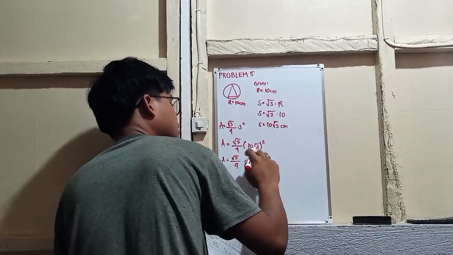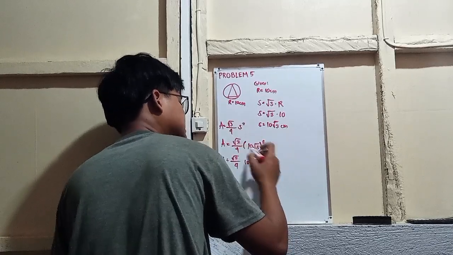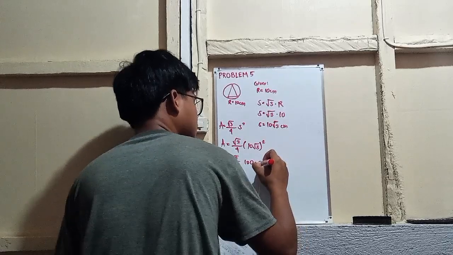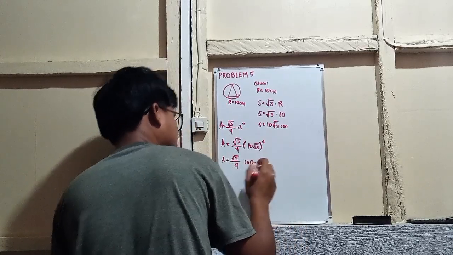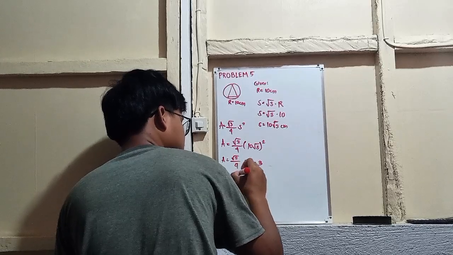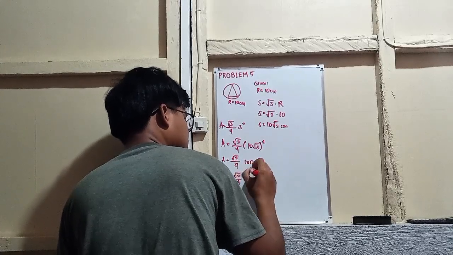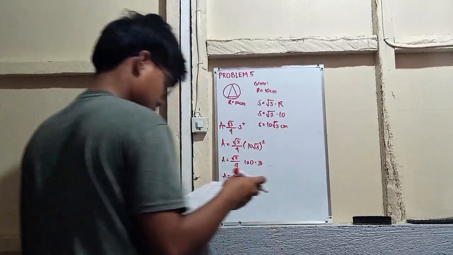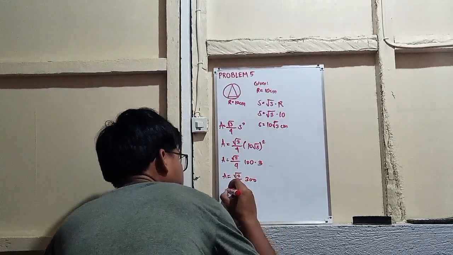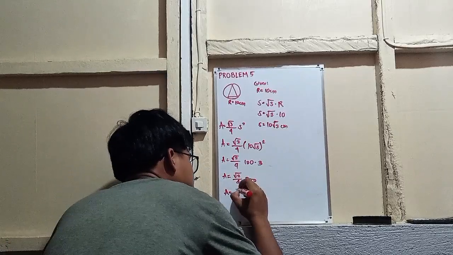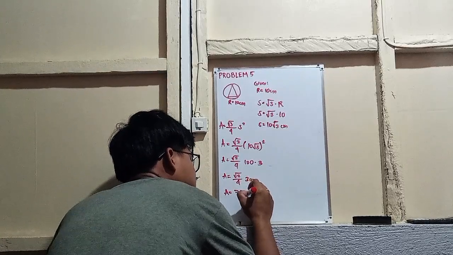Then square root of 3 squared will cancel the square root, so it is equal to 3. Then times the 100 over 4. 100 times 3 is equal to 300. Then 300 divided by 4, so 75 square root of 3 centimeters squared.